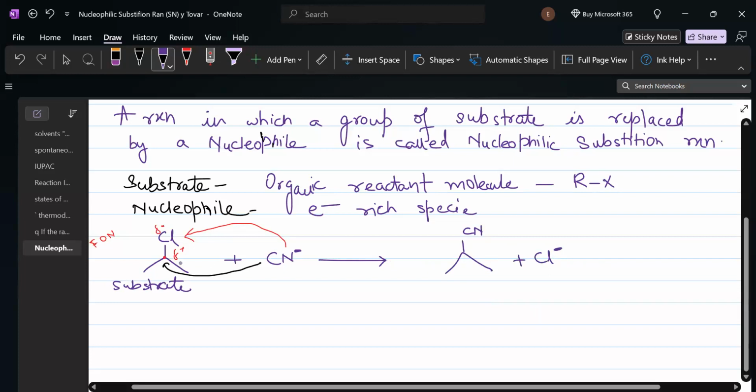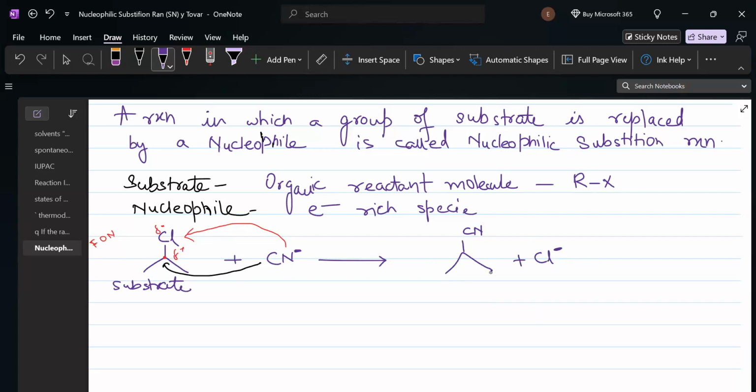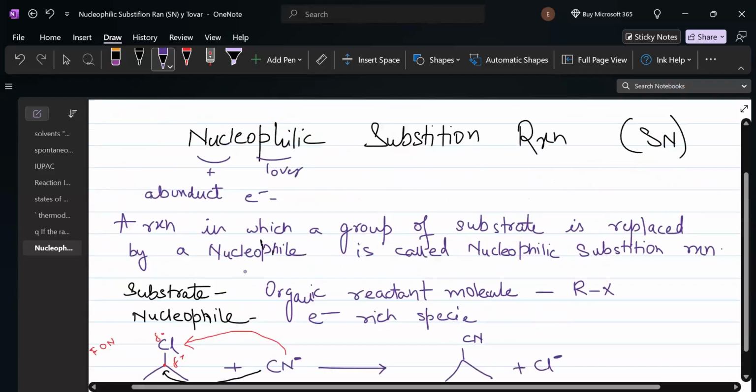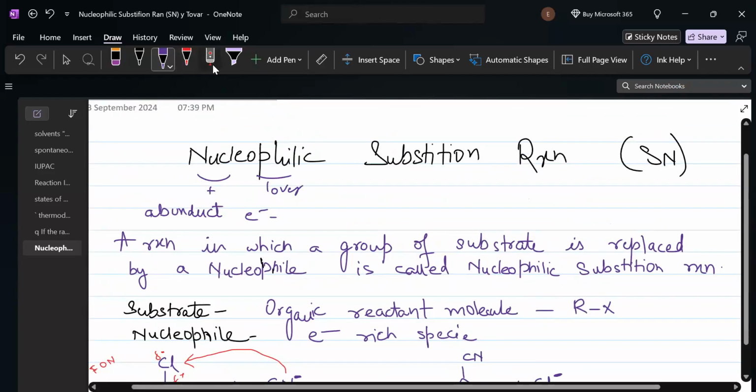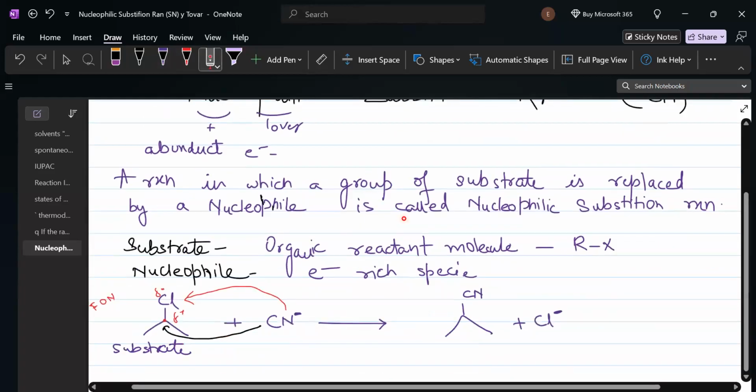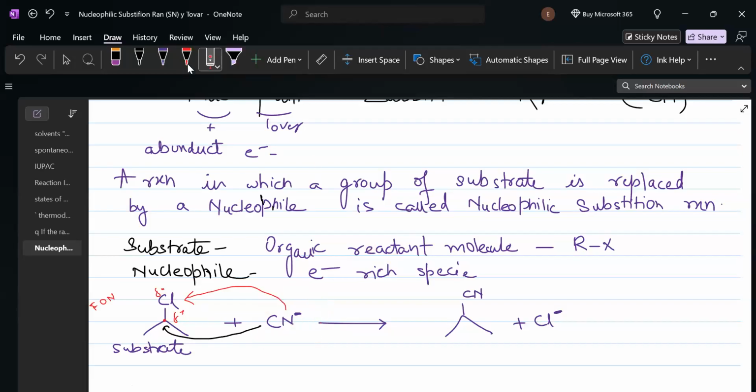Since we can see chlorine has been substituted, that is why it is called a substitution reaction. Fine. And since the nucleophile is attacking, this is called a nucleophilic substitution reaction.